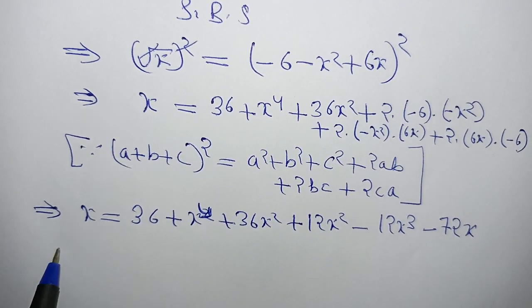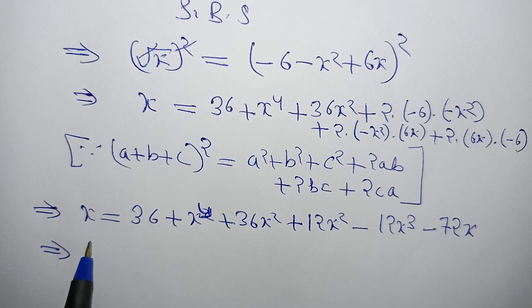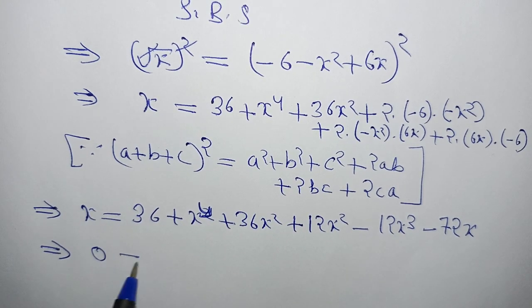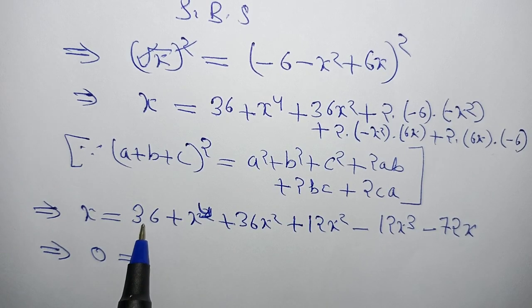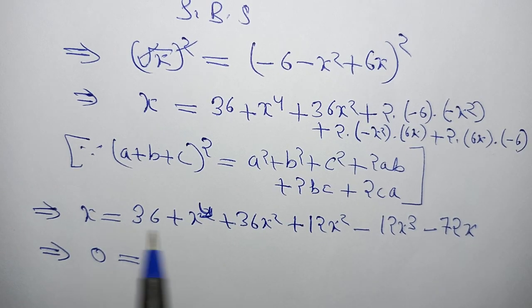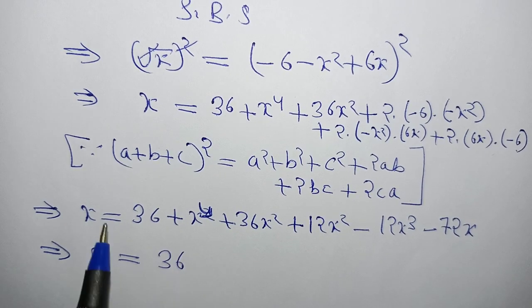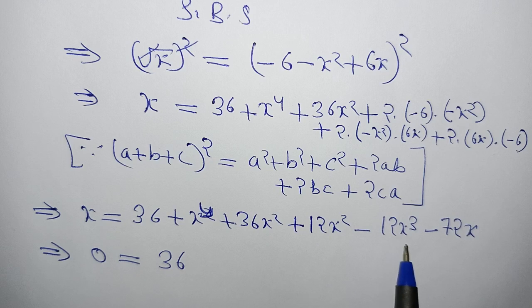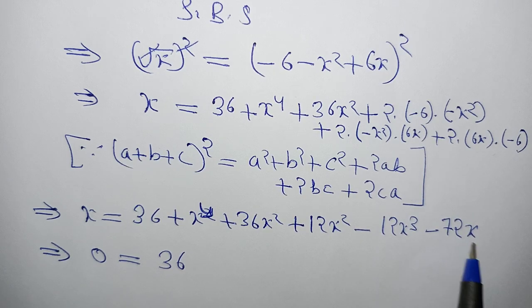Now again simplifying, taking x to the other side, we have 0 is equal to a number 36, and only 36 is a number, and we have variables x here, and then we have minus 72x.